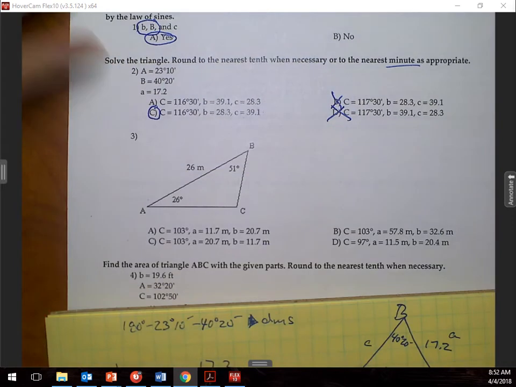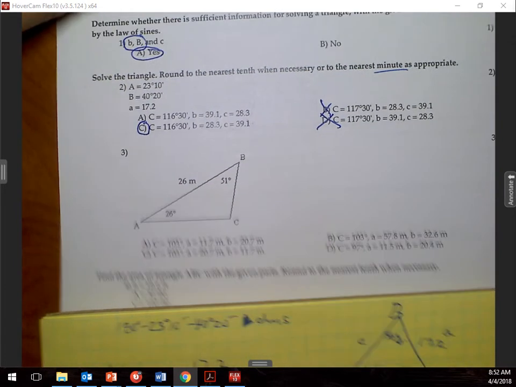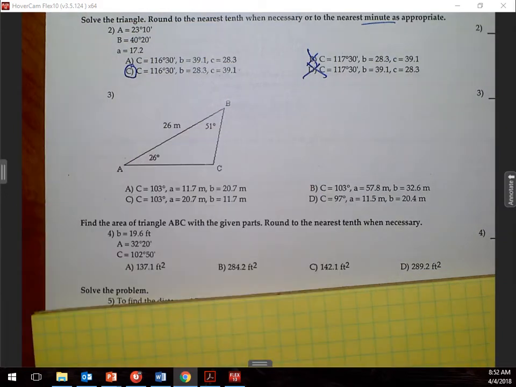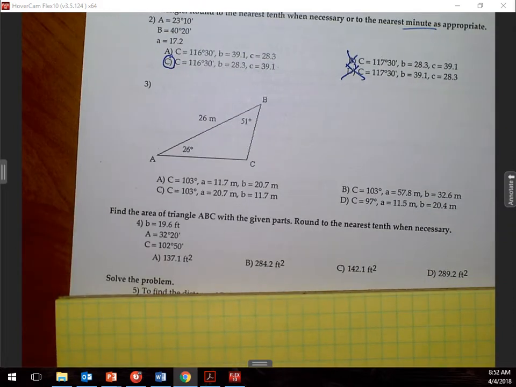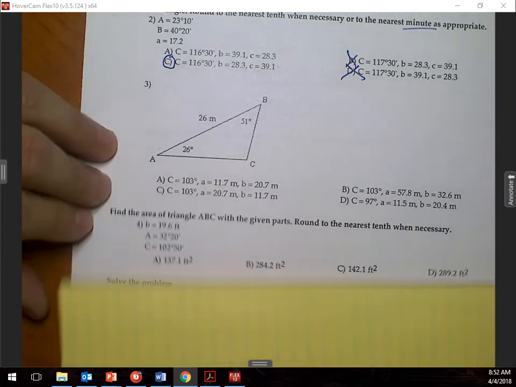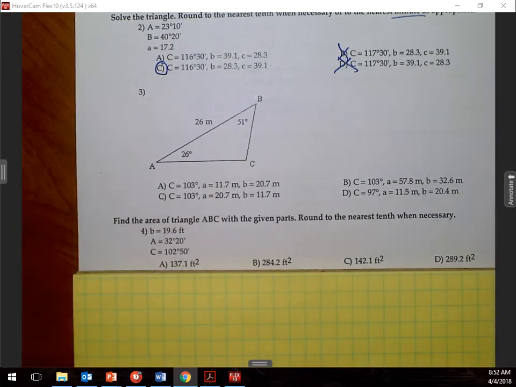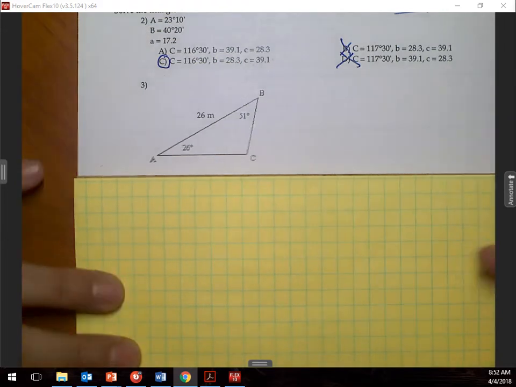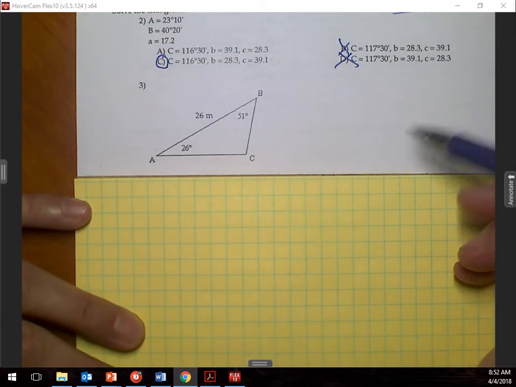All right, so let's take a look at the next one, number 3. All right, so on number 3, we're going to solve for that one too. Cover that up. Okay, what do you think is the easiest thing to solve for first?